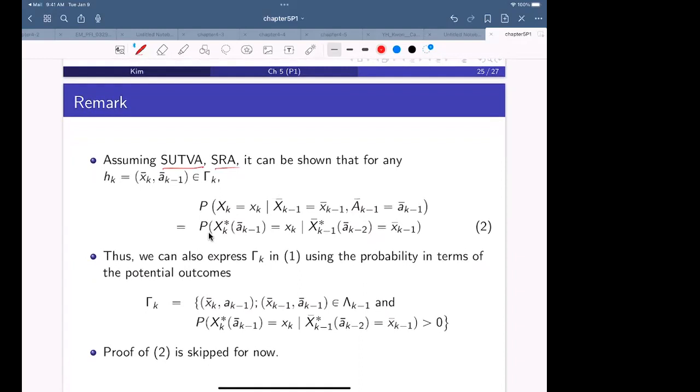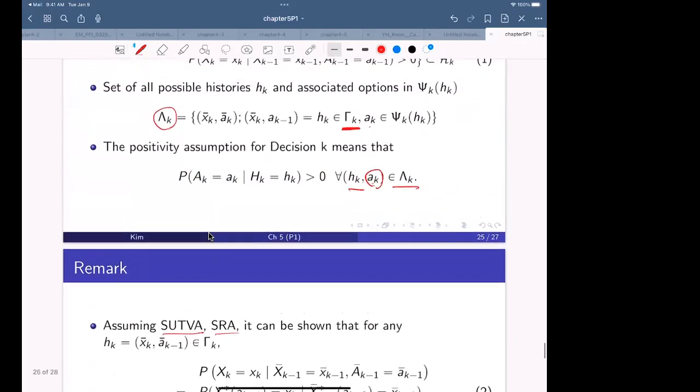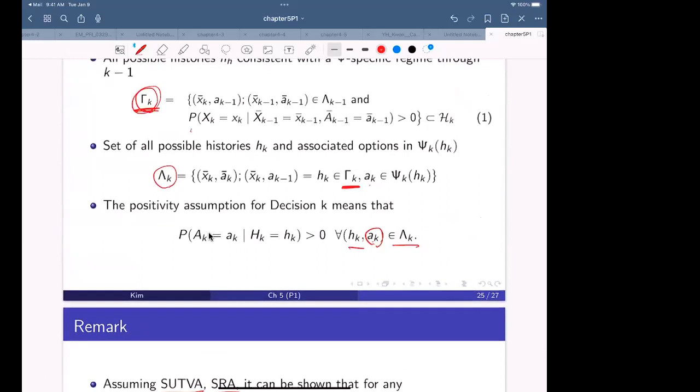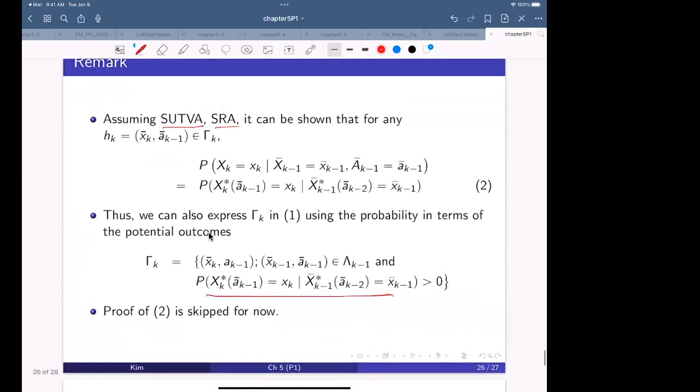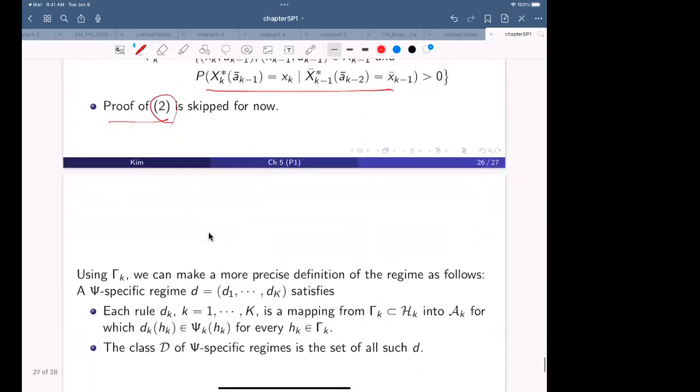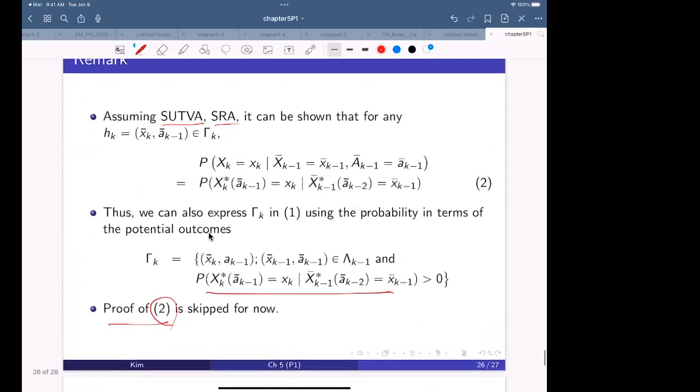And so using that, gamma k can be expressed in terms of the potential outcomes. The proof of this equality will be covered next. This is part of the G formula that I'm going to explain next week, but I didn't cover it today. Do you have a question about the positivity if we go back?